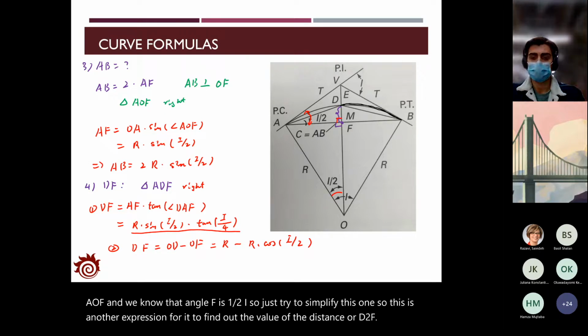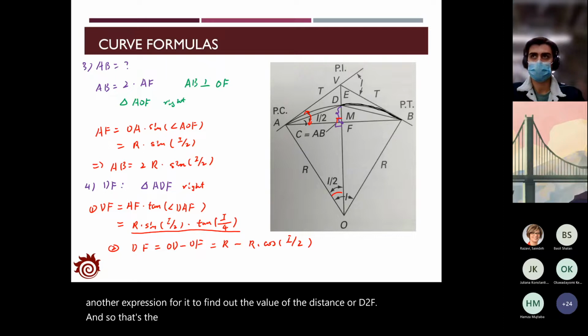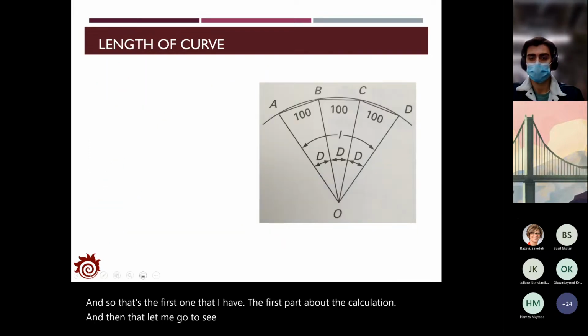So that's the first part about the calculation. And then let me give you another definition about the length of the curve, how we're going to calculate the length of the curve.